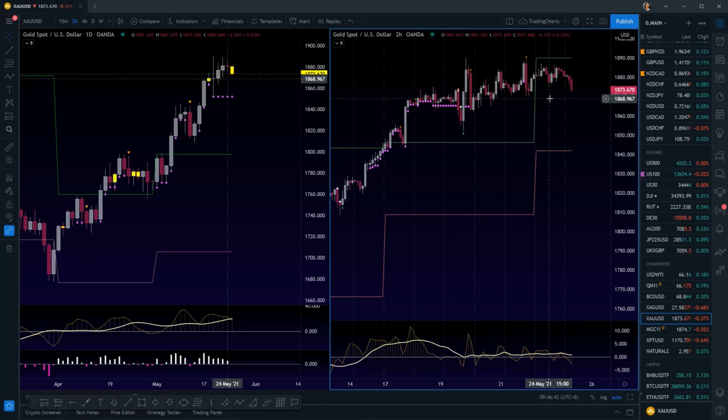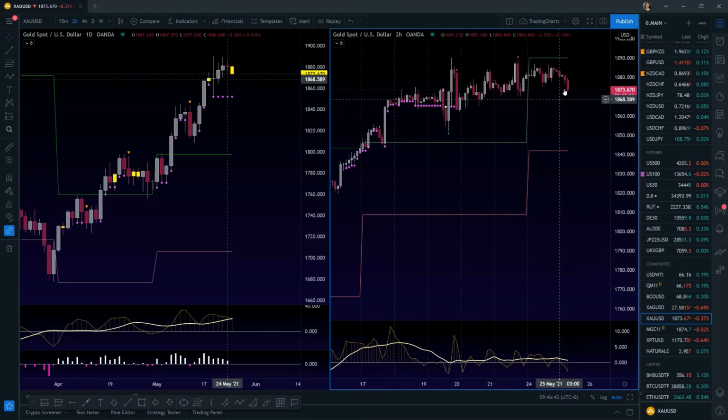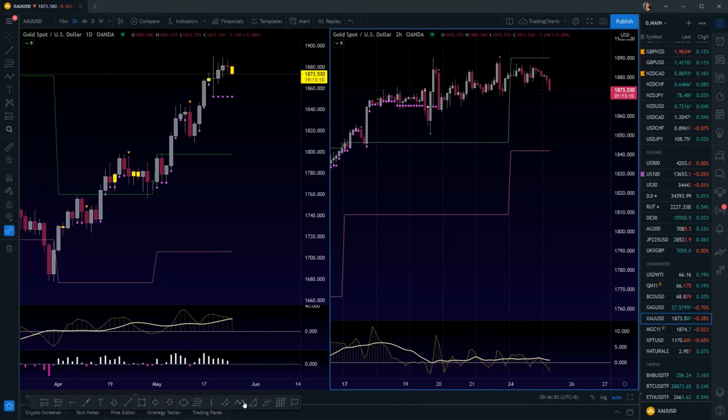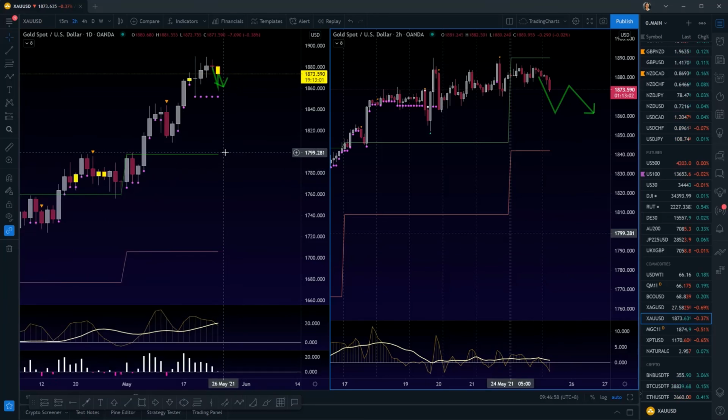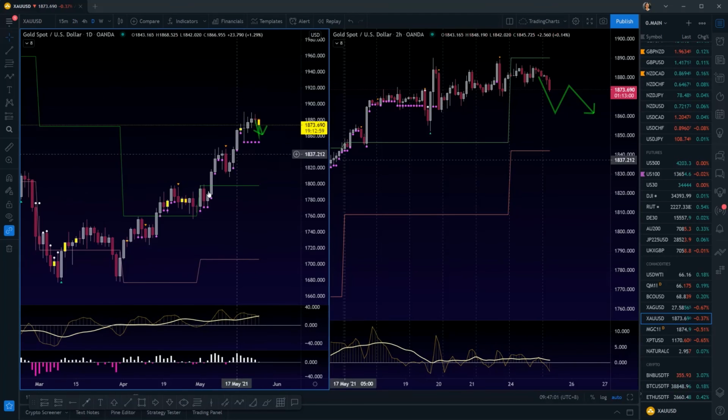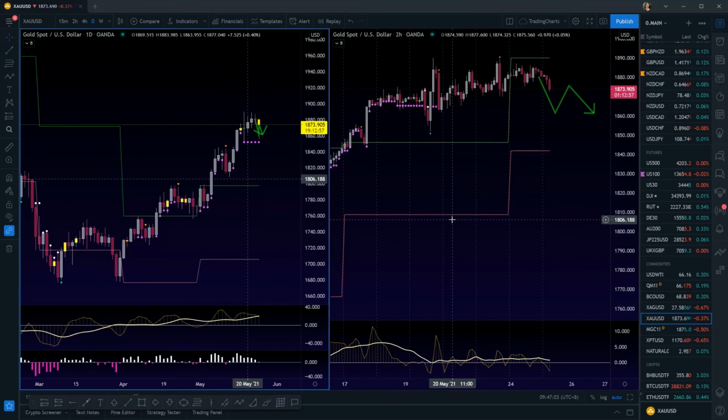There's just nothing nice here to see. We want this push lower maybe and then a pullback. So maybe if we get something lower here and then a pullback, we might trade that. Other than that, man, this thing is still going up some more.